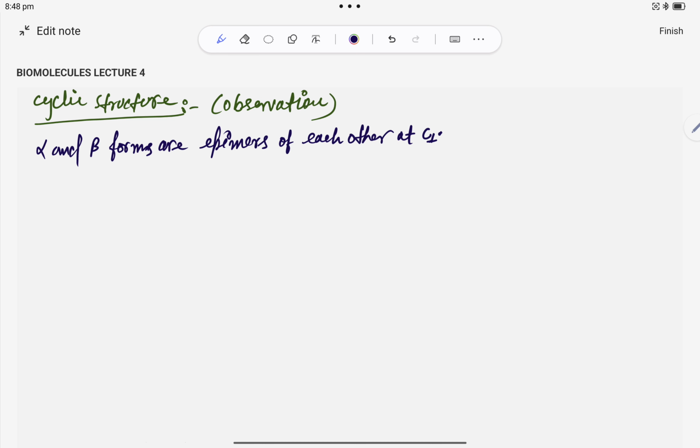Alpha and beta forms are epimers or anomers of each other at carbon number 1. What is an anomer? So what is an anomer, guys?